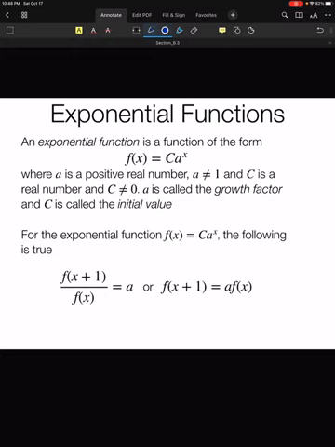An exponential function is a function of the form c times a raised to the x power, where a is a positive number. So we have always a base and then an exponent, and then a number out in front, and it could be 1.